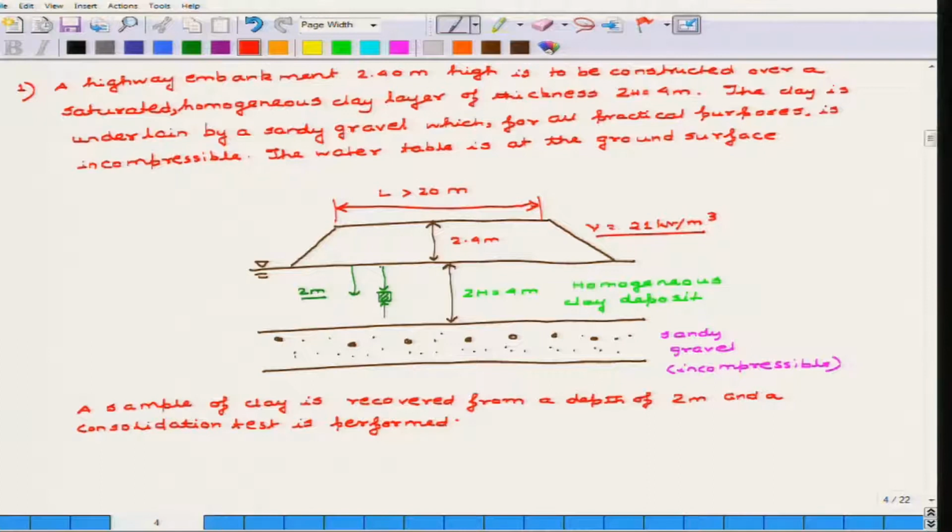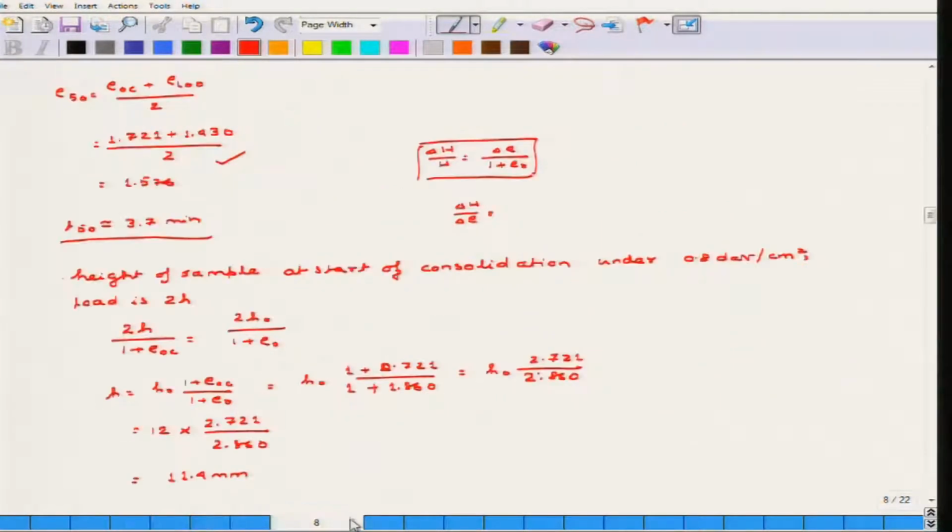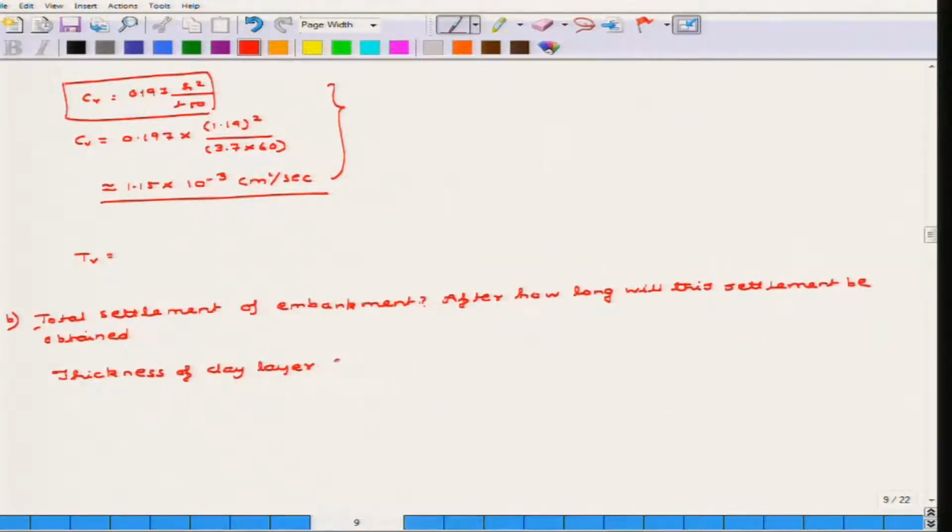As you can see, the thickness of the compressible clay layer is small compared to the width of the embankment, because the width of the embankment is considered to be 20 meter, while the thickness of the clay layer is just 4 meter. So the thickness of the clay layer is much less than the width of the embankment.